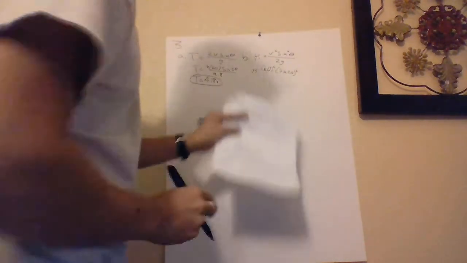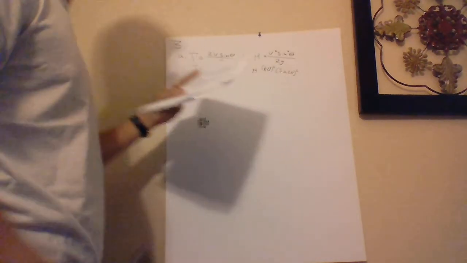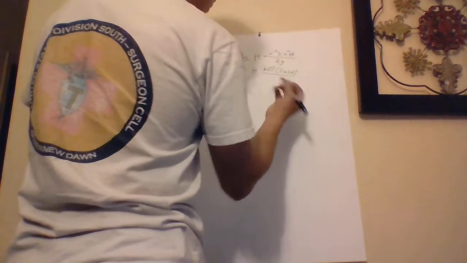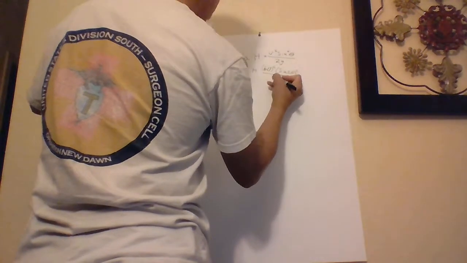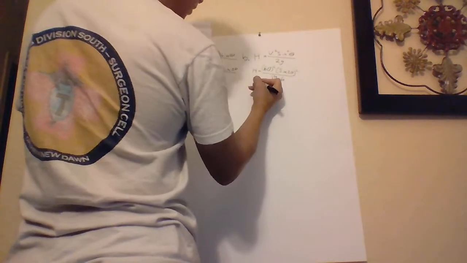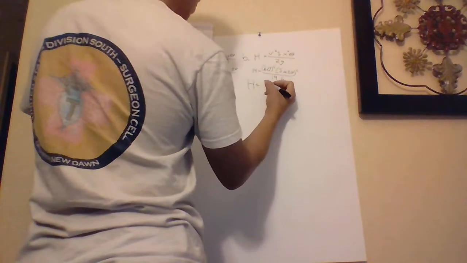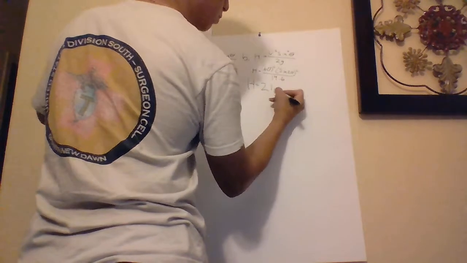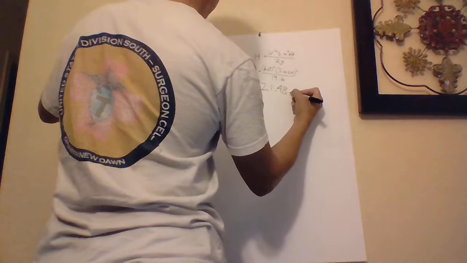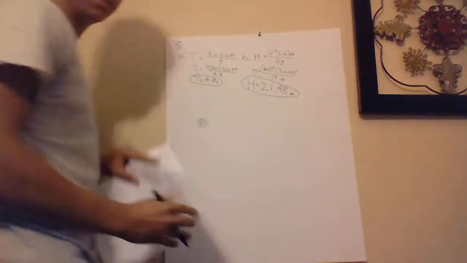Now we square the sine of 20. We don't square 20 and then sine it. It's very important. Over 2 gravity, which is 19.6. Put that in the calculator. H equals 21.48 meters. That will be the ball's maximum height.